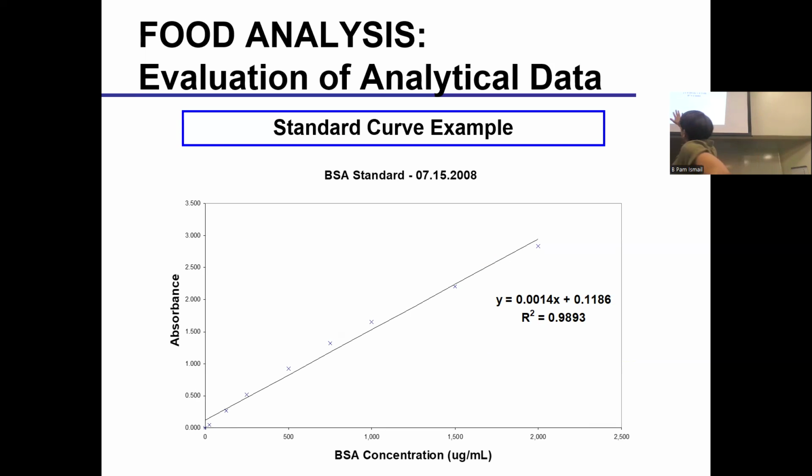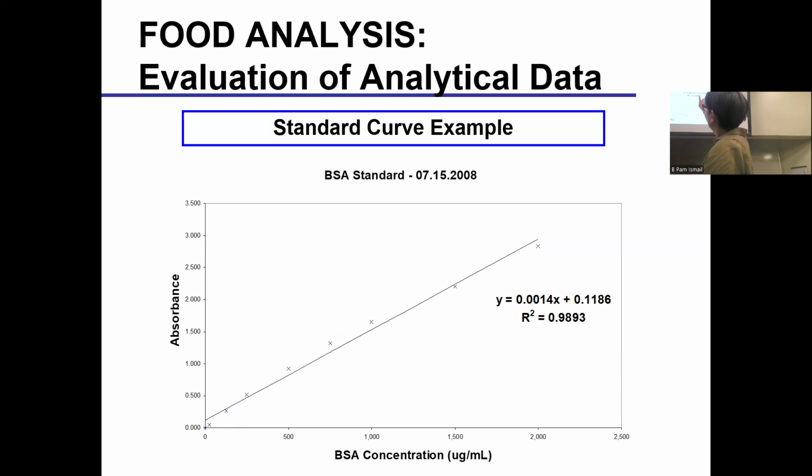In this example, we use BSA, bovine serum albumin, which is a protein. We use it as a standard for a lot of spectroscopic methods to determine protein concentration in an unknown sample. So we produce standards at different concentrations and we plot the absorption against the concentration and we get our equation of the line.